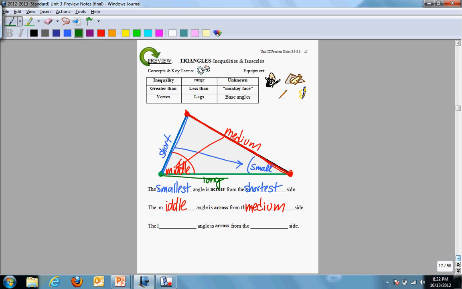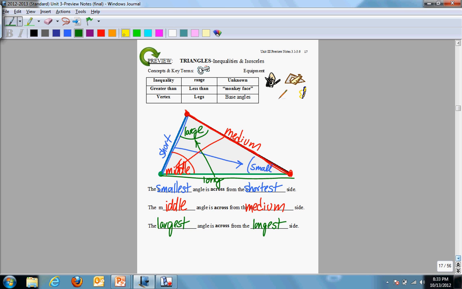Trace with me the longest side. Draw an arrow to the opposite angle. Sweep. Write the word large. The largest angle is across from the longest side.